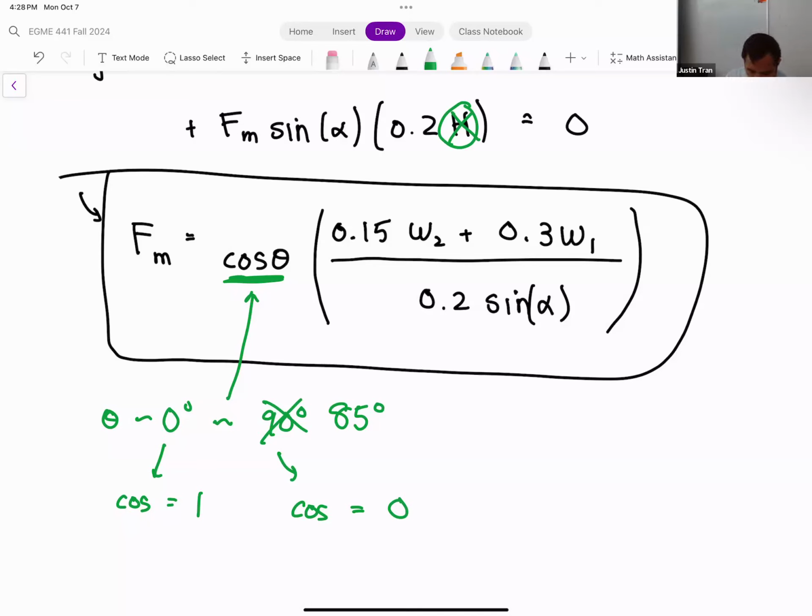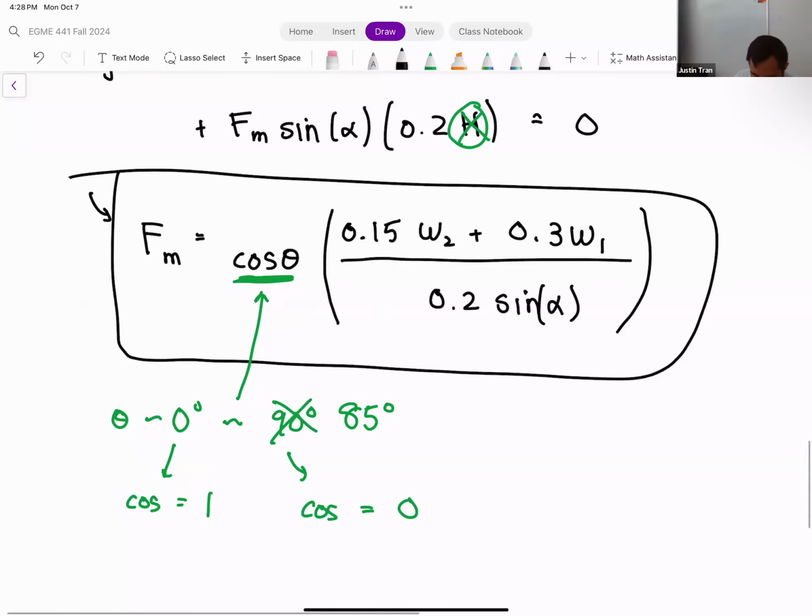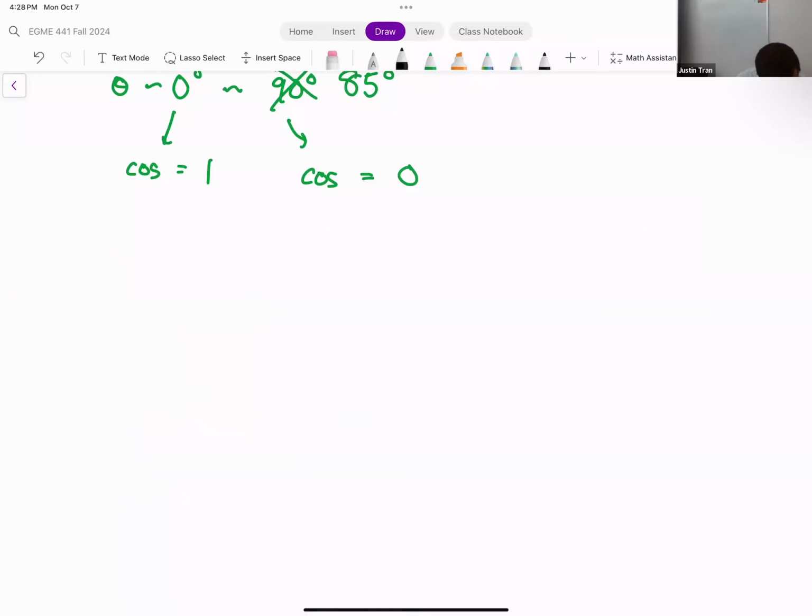All right, so let's go ahead and solve for the joint reaction forces. For the joint reaction forces, we're going to sum up the forces in our 2 directions. So we're going to have the sum of the forces in the axial direction, which is the direction parallel to the spine.